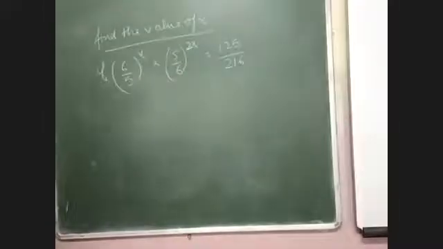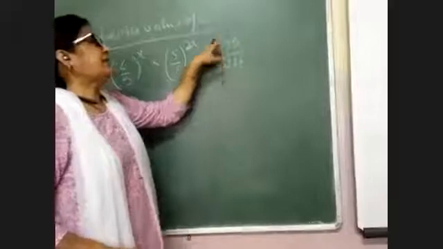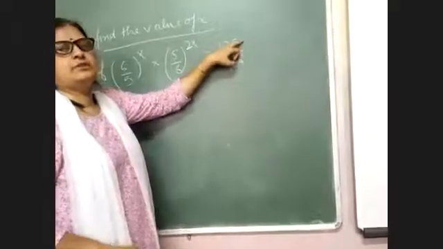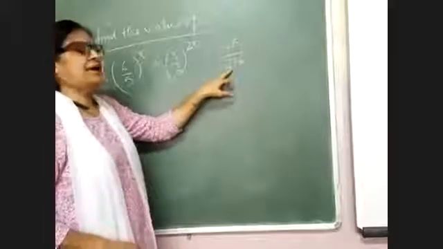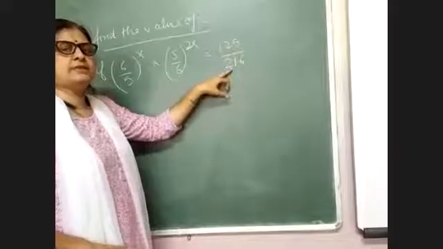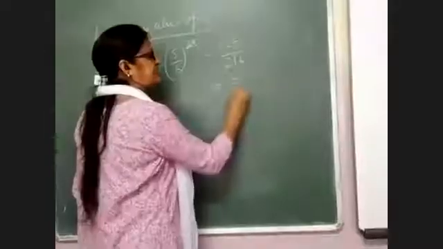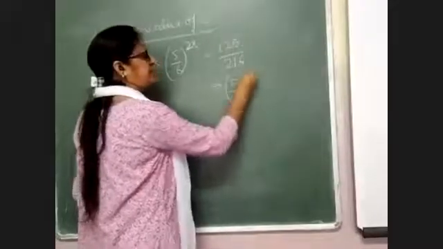This is given in the denominator, okay. So how will you solve this question? When you take the prime factorization of 125, it is 5 raised to the power 3. When you take the prime factorization of 216, it is 6 raised to the power 3. So you can write it like this, 5 upon 6 raised to the power 3.